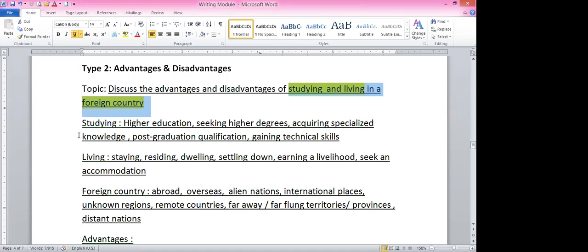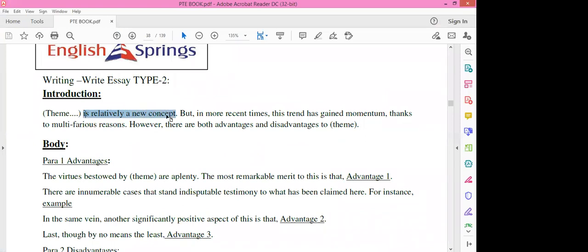Paraphrasing means using the alternatives of the given words in the topic and making a meaningful sentence which has the same meaning as the topic theme. The meaning should not change; the words should be altered.